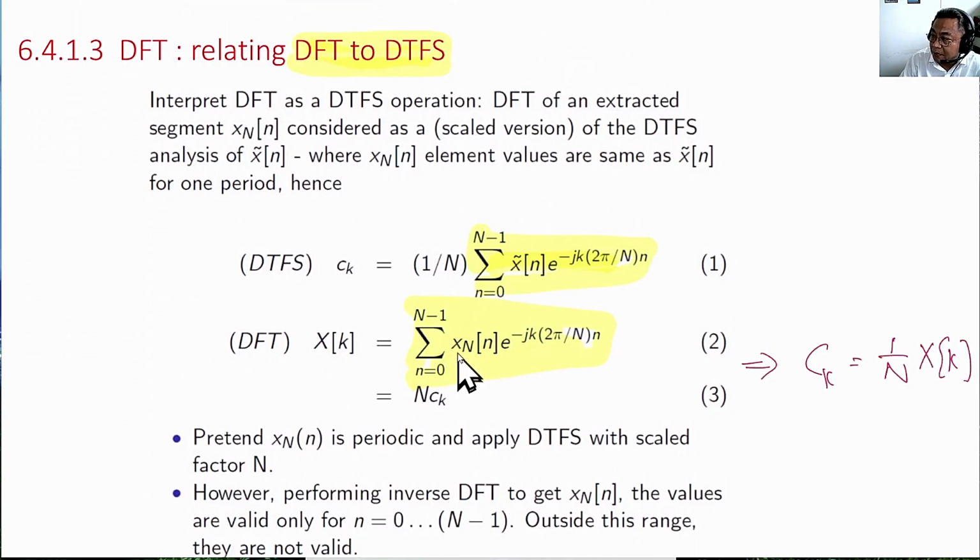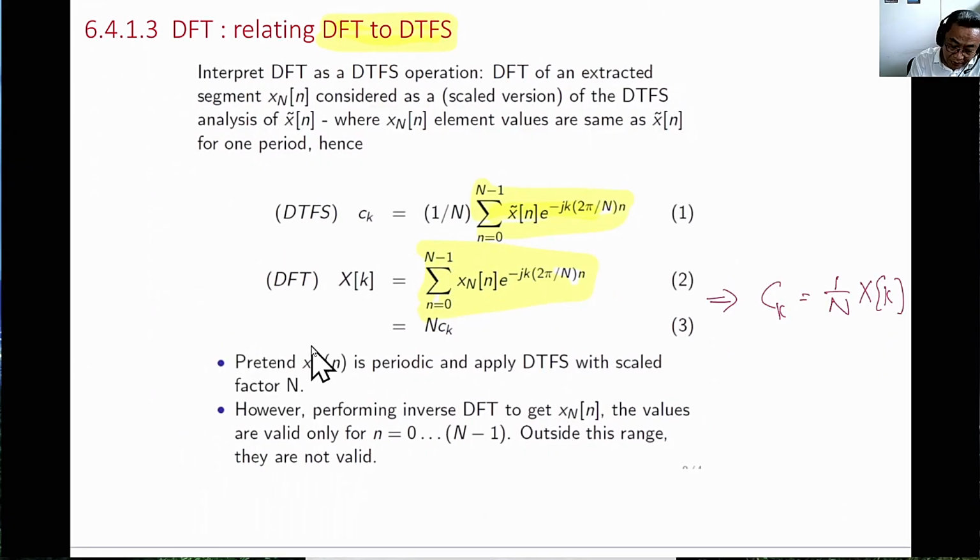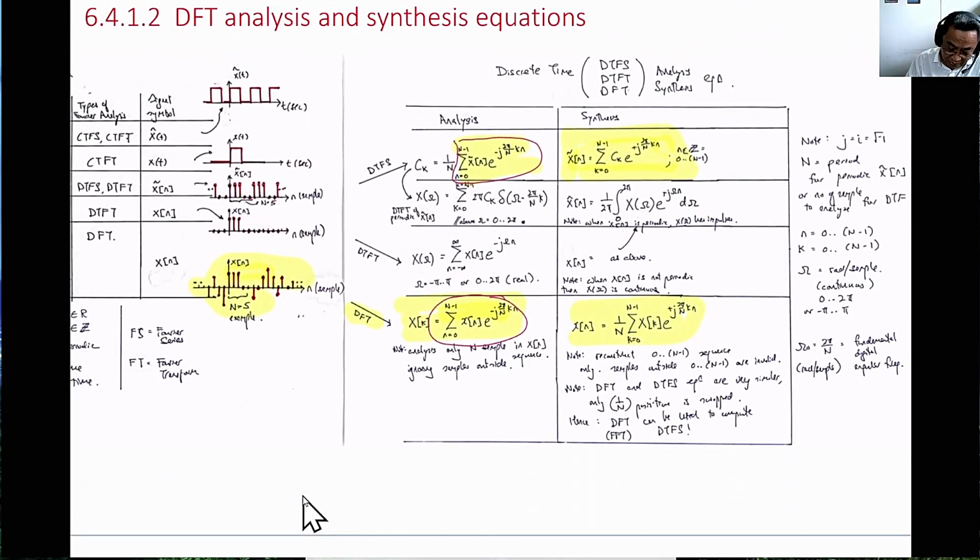Always remember that the small x represents the time and the big X represents the frequency. So this is the final take-home message. When we perform inverse DFT of Xk, we'll get xn. But remember that this xn is only valid for the N samples. Outside this range, they are not valid. This is opposite to this.